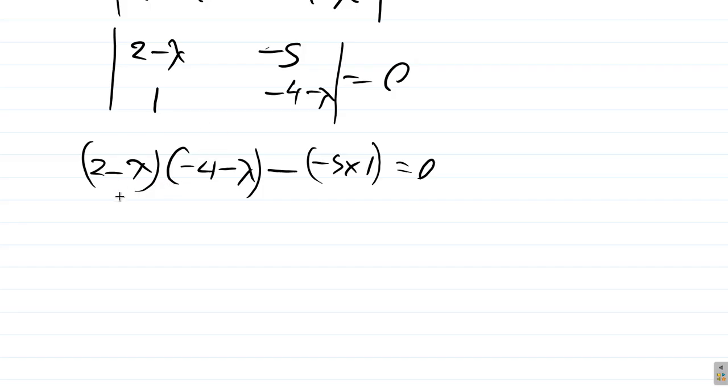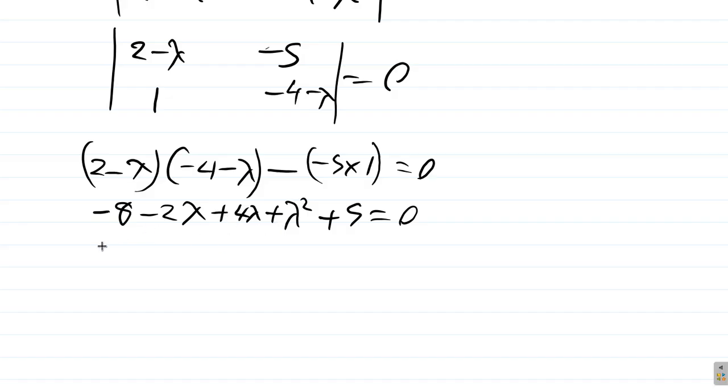Multiplying out the brackets, 2 by negative 4 is negative 8. 2 by negative lambda is minus 2 lambda. Negative lambda by negative 4 is plus 4 lambda. Negative lambda by negative lambda gives you positive lambda squared. Minus negative 5 means plus 5 equals 0.